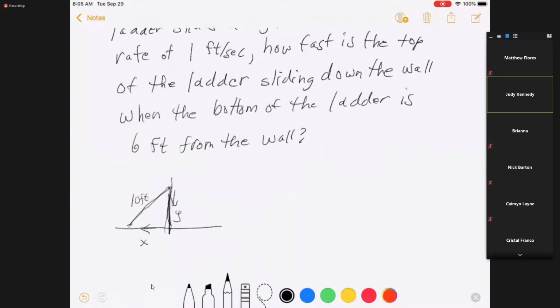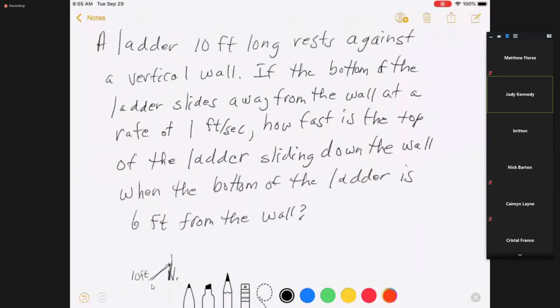And the basic relationship here is the Pythagorean theorem. As long as the ladder is sliding, x squared plus y squared is equal to 10 squared. That's the relationship between x and y. The ladder is 10 feet long.